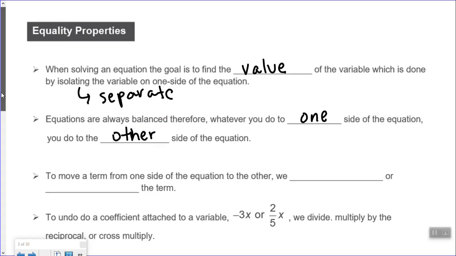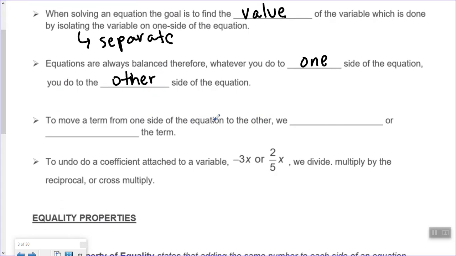To move a term from one side of the equation to the other, we add or subtract the term. So for example, if you have x minus 2 equals 3, you add 2 on one side, you have to add 2 on the other side.